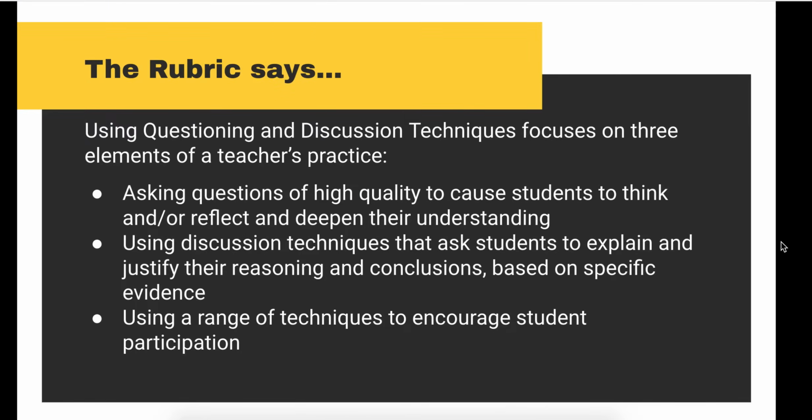So firstly, the rubric states that in evaluating questioning and discussion, they're looking for questions of a high quality that students can think about and reflect on to deepen their understanding, using discussion techniques that ask students to explain and justify reasoning, and using a range of techniques that encourage students' participation.